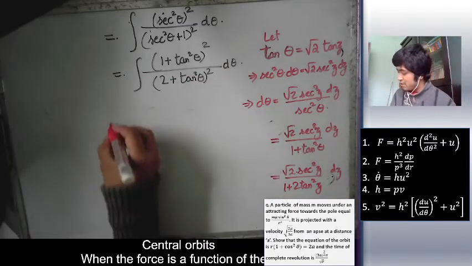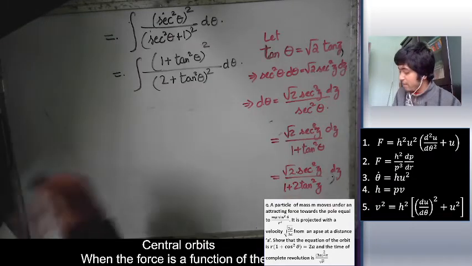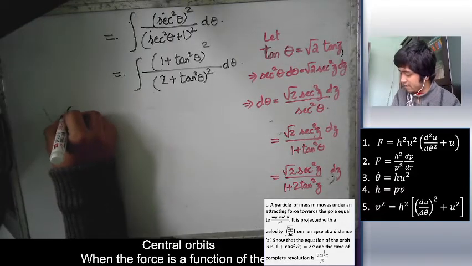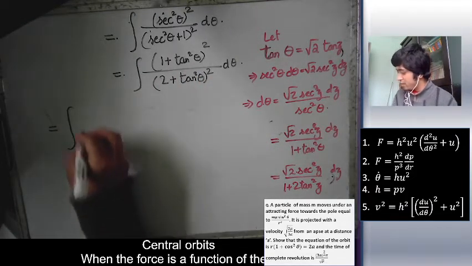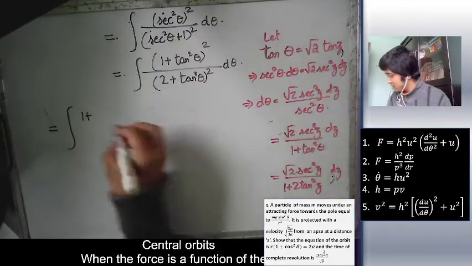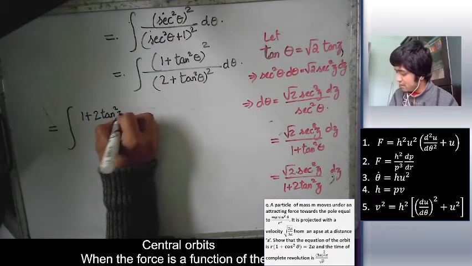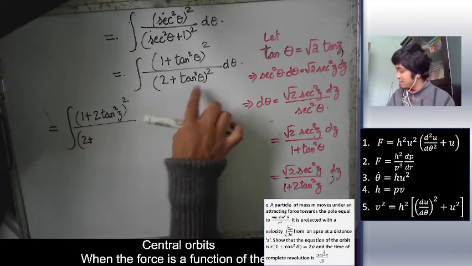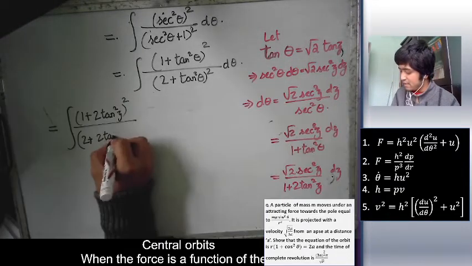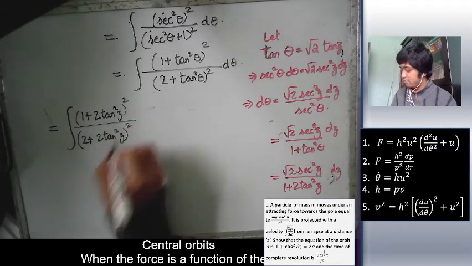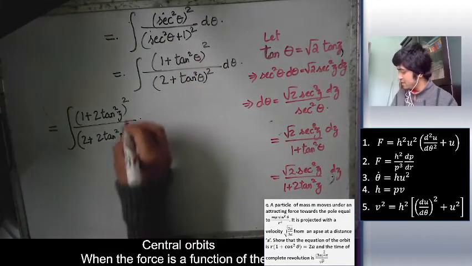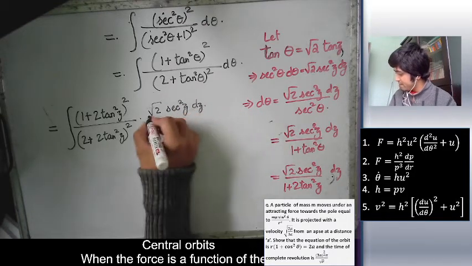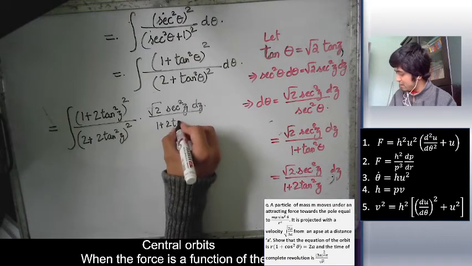So now we just need to substitute everything here, and we will be having this. We will be having 1 plus tan square theta will be 2 tan square z whole thing square, and over here in the denominator we will be having 2 tan square theta will be 2 tan square z, again whole thing square, and d theta has changed into this, root 2 sec square z dz over 1 plus 2 tan square z.